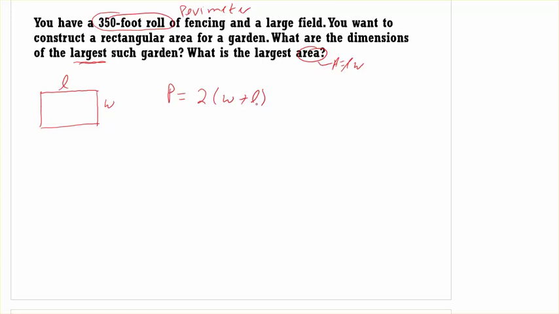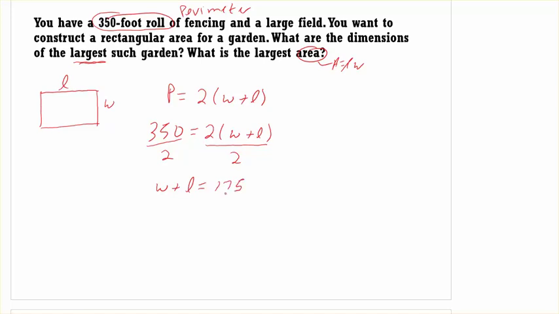So in this instance, we know the perimeter is going to be 350 equals 2 times W plus L. And the reason I left that 2 out is it will save us if we divide both sides. So we have W plus L equals 175.